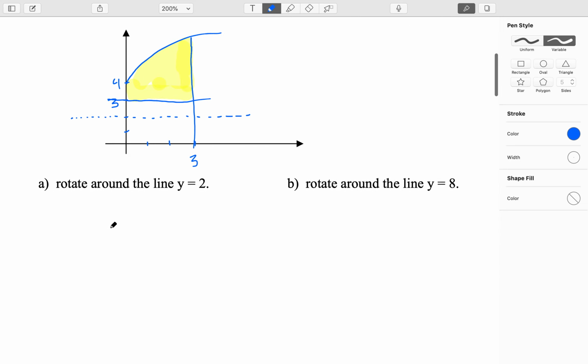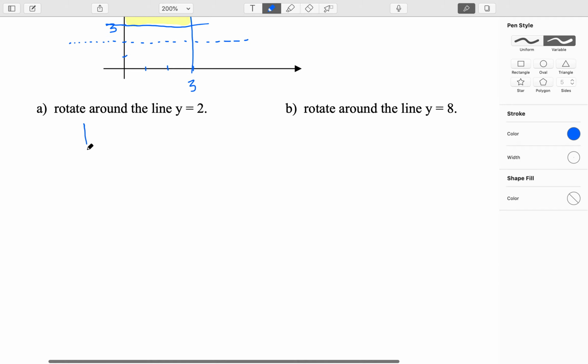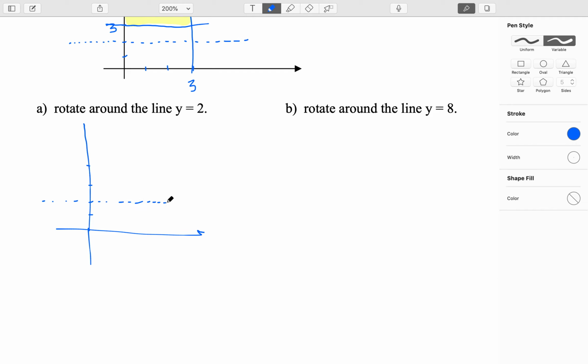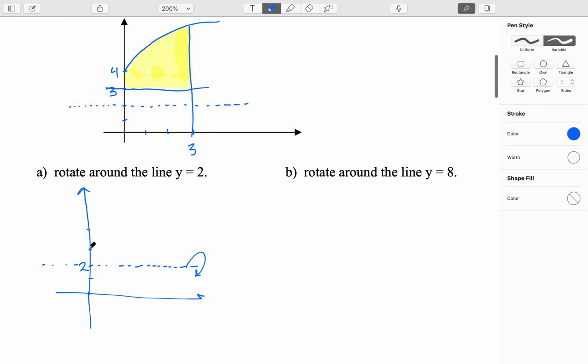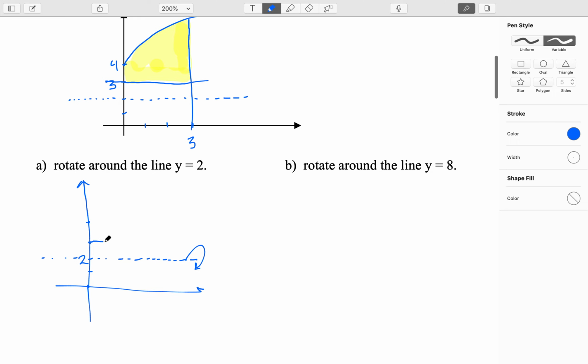Let's see if we can actually draw this thing. What can I actually draw that's kind of accurate? So 1, 2, 3, 4. y is equal to 2 is my axis of rotation, that's where I'm going to be spinning it around. This thing is up 1 from there, so it goes from 3 to 4, and it's going to be this kind of shape.